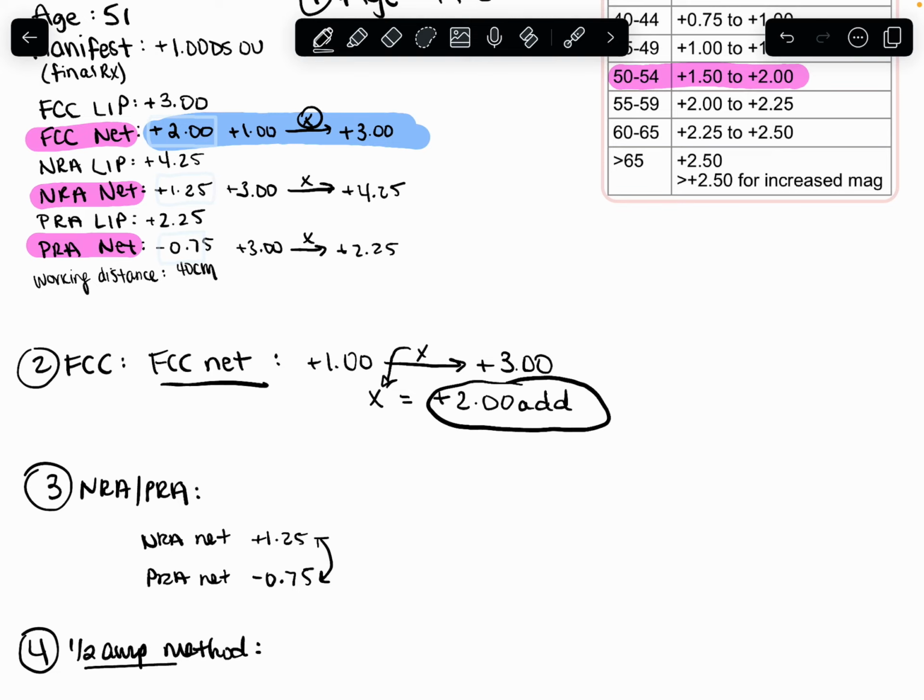So if we decrease this number by 1/4 of a diopter, the number becomes 1. If we also decrease by 1/4 of a diopter, it becomes -1.